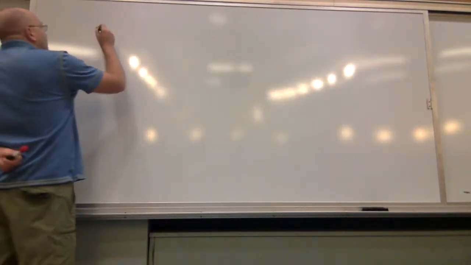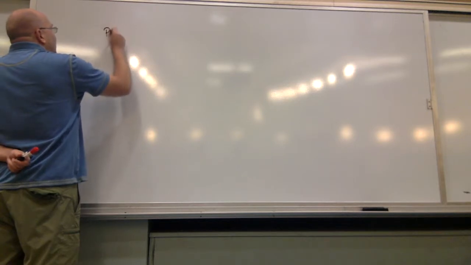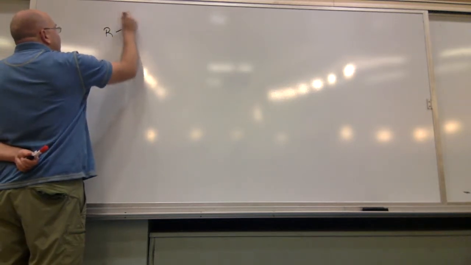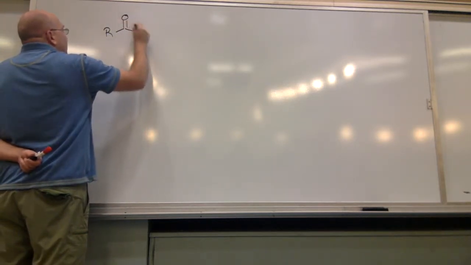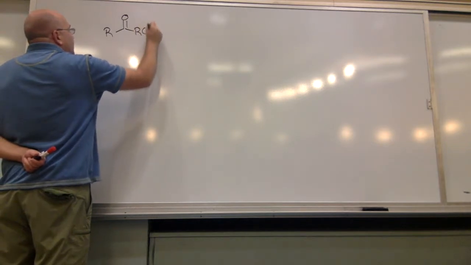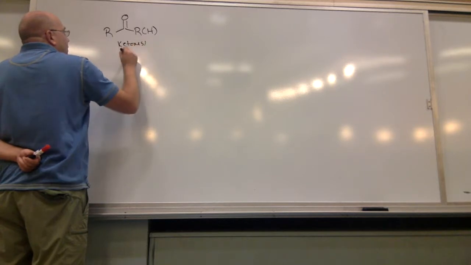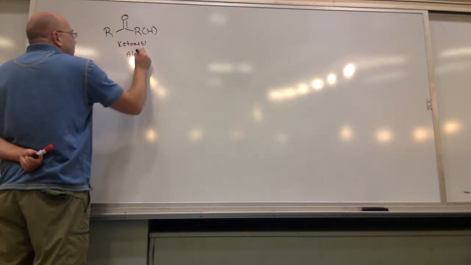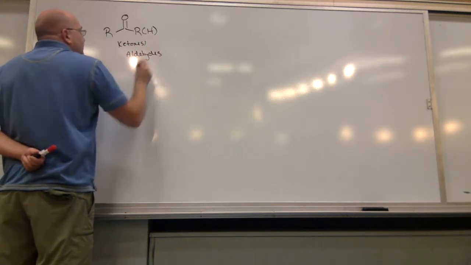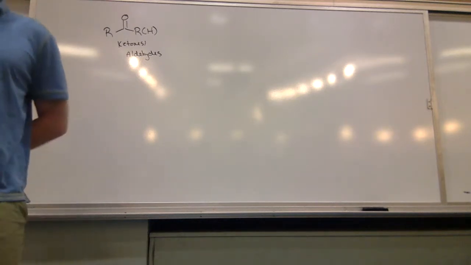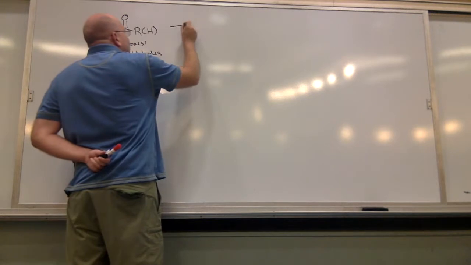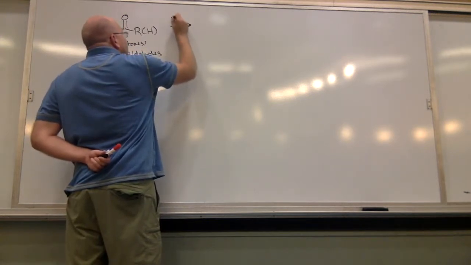All right. So last class we talked about how, in the case of carbonyls, if you have R or H, which are ketones, aldehydes, you can reduce these molecules using a fairly mild reducing agent called sodium borohydride.